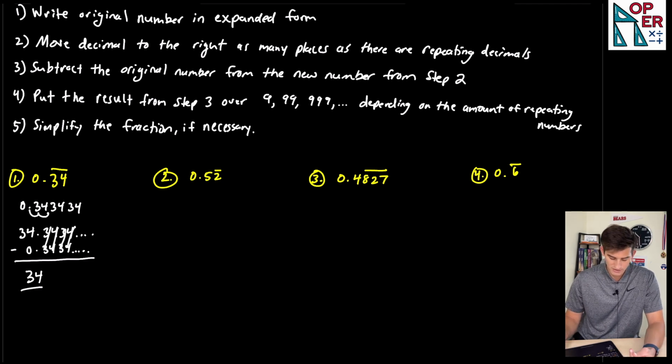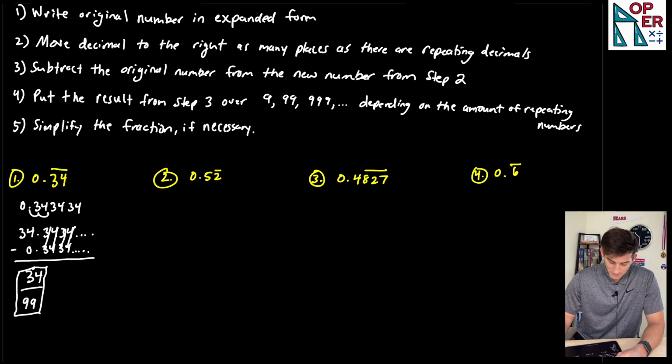We had 2 numbers that repeated, 3 and 4, so our denominator will be 99. Now we're going to check and see if we can simplify this, and we cannot. So we're going to leave it as 34 over 99. If you have a calculator handy, you could type in 34 divided by 99, and you look and it says 0.343434. So that's 0.34 repeating.